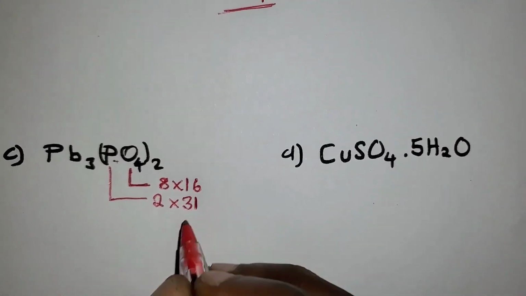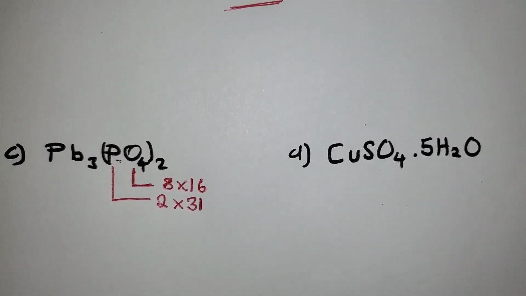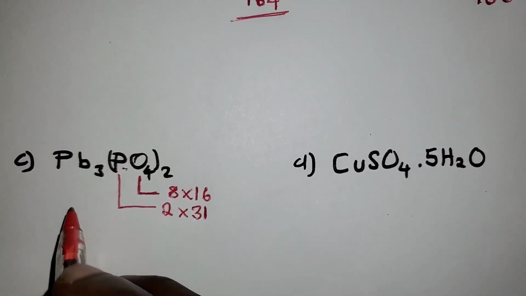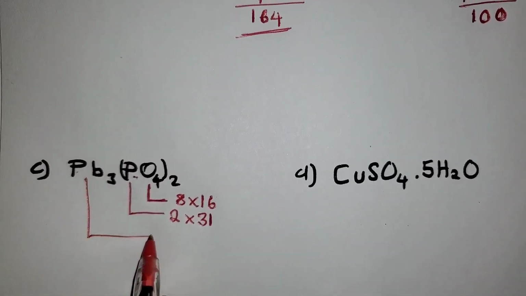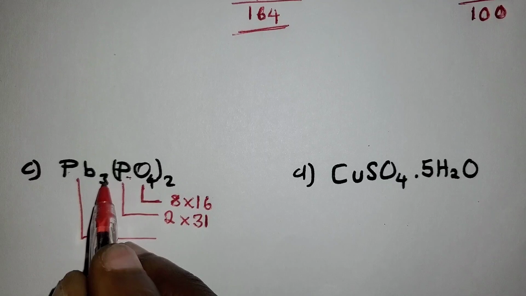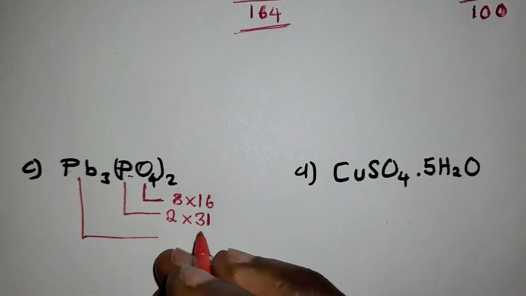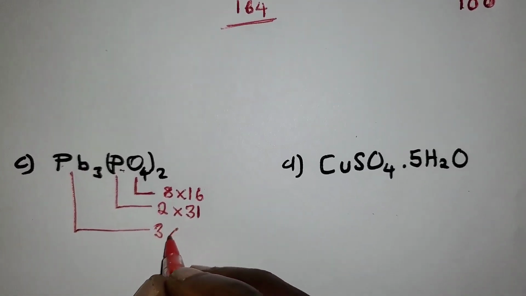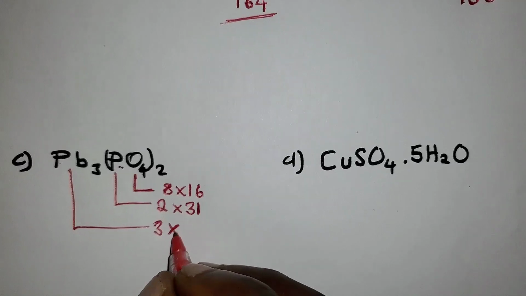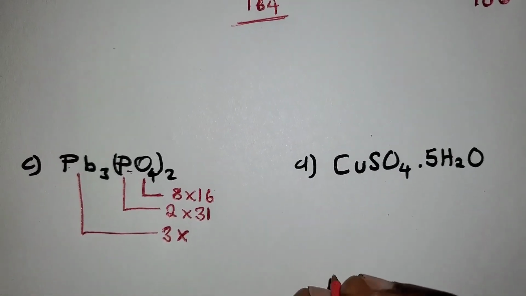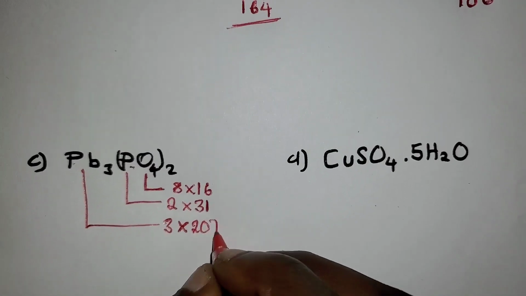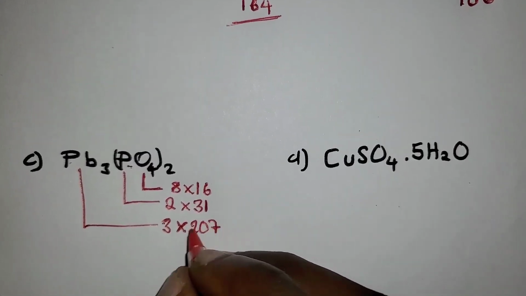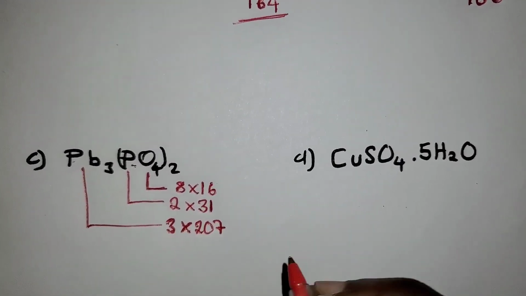The mass number of phosphorus is 31. Then this is Pb, lead. We have 3 because of the 3. The mass number of lead is 207.